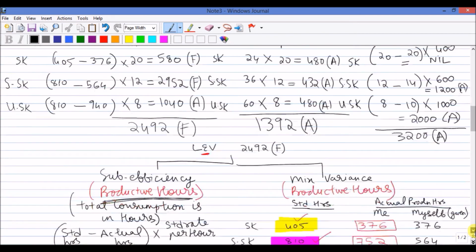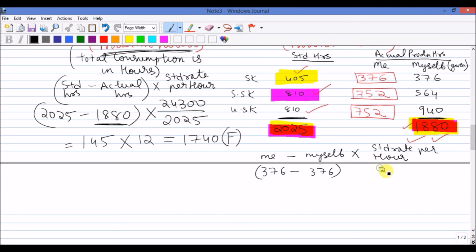So I'll write here 20, 12 and 8, otherwise I will forget. So me is 752 minus myself is 564. 752 minus 564, again 752 minus 940. Here this will be 0, so no variance. 752 minus 564 is 188, into 12 gives me 2256.